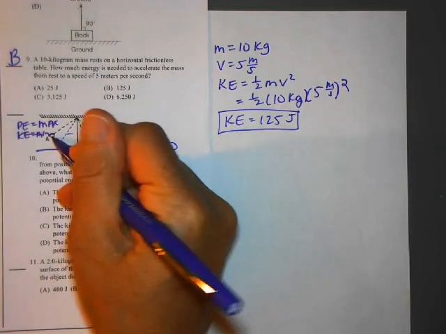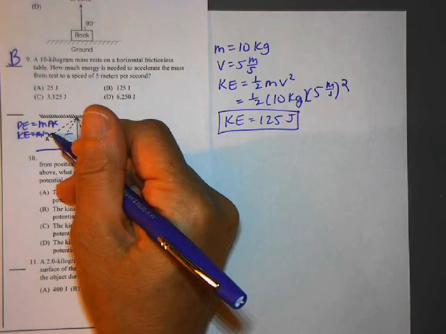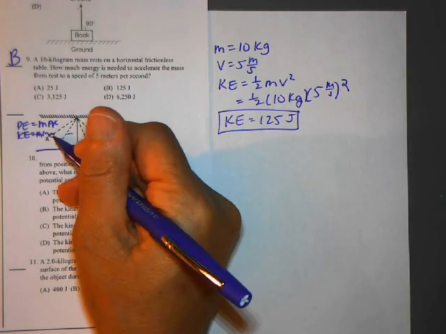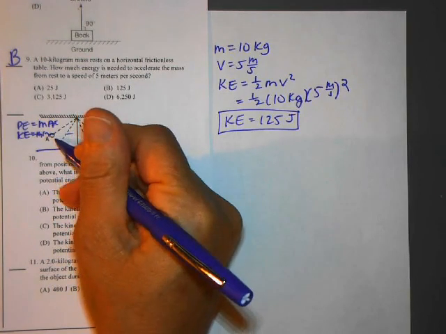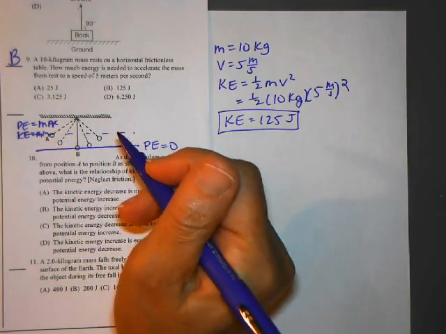So up here, if it's not moving, it's going to be all gravitational potential energy, mgh. As it starts to fall, the velocity is going to increase, so the kinetic energy is going to increase, but it's getting closer to the ground. So as the kinetic energy increases, the potential energy decreases, but the total energy is the same.